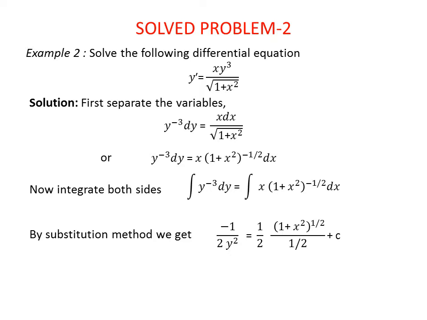This is our left hand side. Now for the right hand side, if we take the substitution method and replace it, we will get 1 by 2 times 1 plus x square whole to the power half divided by half plus c, where c is the constant of integration.